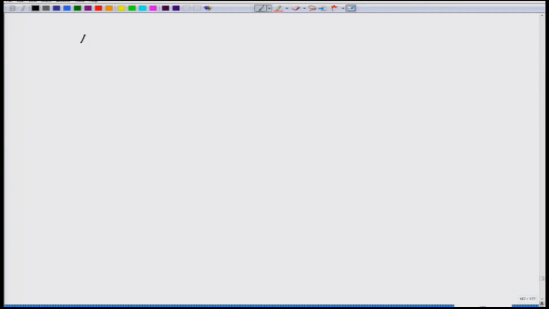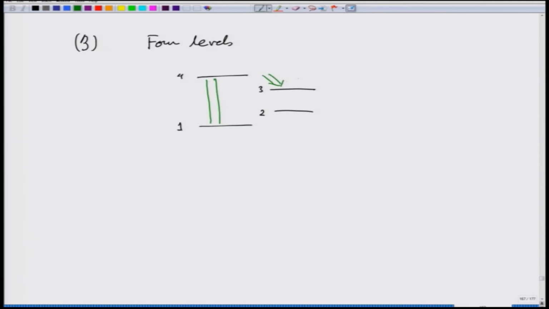The other possibility is 4 levels. You have levels 1, 2, 3, 4, and what you do here is pump atoms to level 4 and make this transition fast, make the lower transition fast, and this one slow. So, what is going to happen?